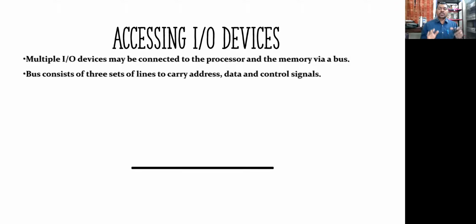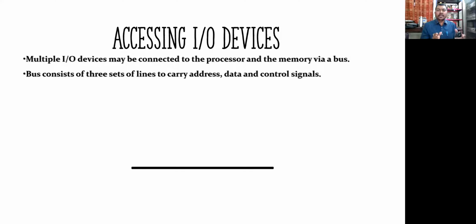This bus consists of three sets of lines, which means we require three buses, namely to carry the address, to carry the data, and to carry the control signals. First we need to specify the address of that input output device. Unless we have that address, how are you going to communicate with it?